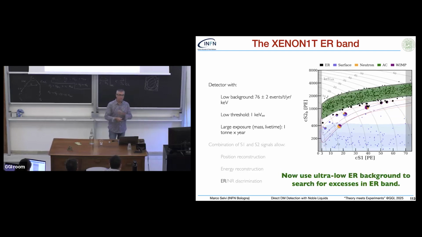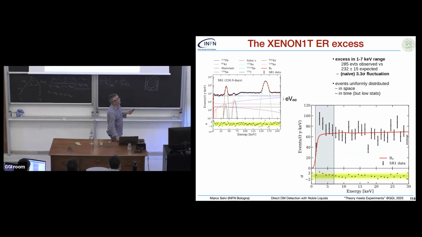There are models that predict dark matter, but also axion-like particles interacting with electrons, and this was used indeed in XENON1T to look for any possible discrepancy with respect to the background model. And indeed, in 2020, we had this so-called XENON1T excess in the electronic recoil channel.